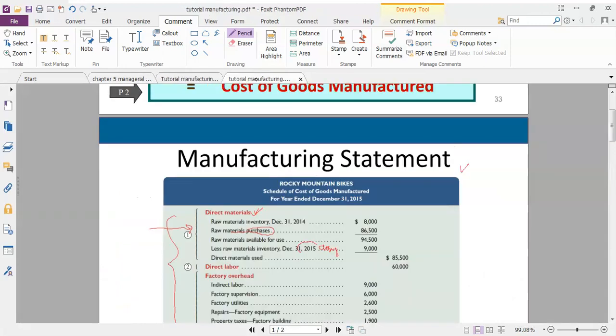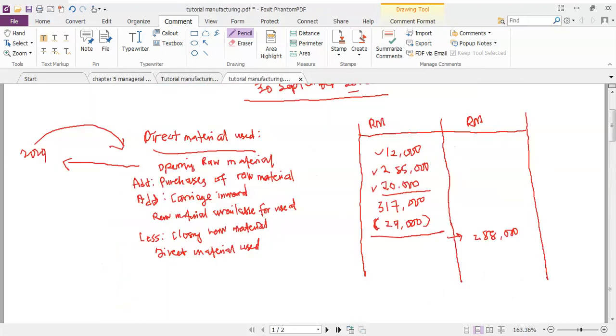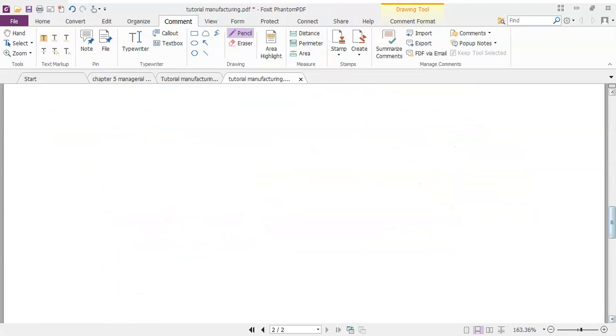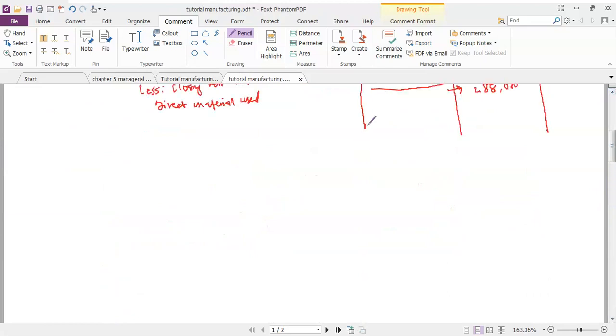So you must add on here, you should have a long column there. I want to extend the line first.